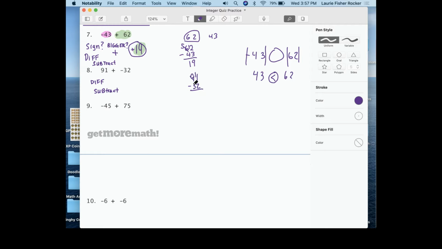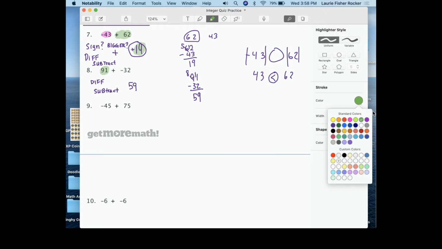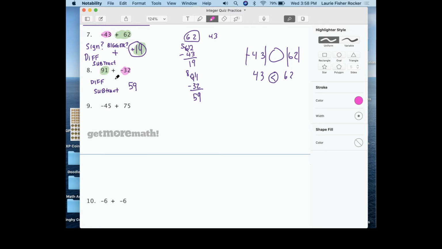So 11 minus 2 is 9, borrowed 8, 5. So I've got 59. And then I think to myself, which one had more? This one was positive. This one was negative. I had 91 positives and 32 negatives. Okay, the positives had more. It's going to be positive 59. So which one was bigger?